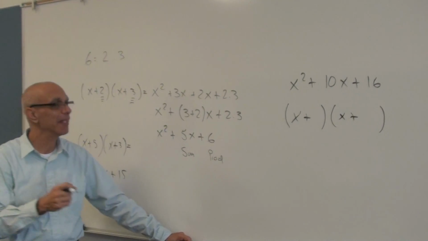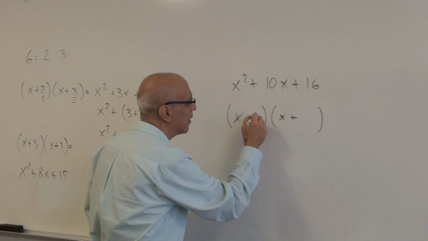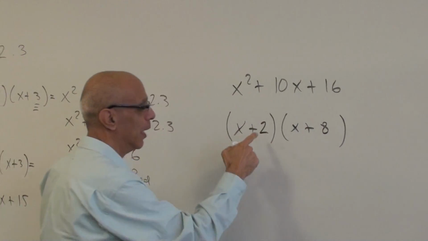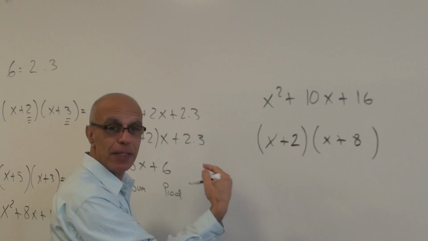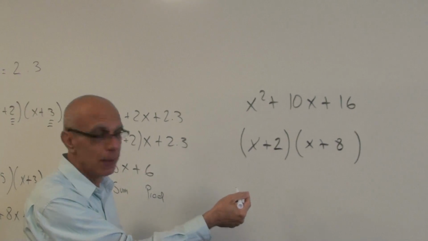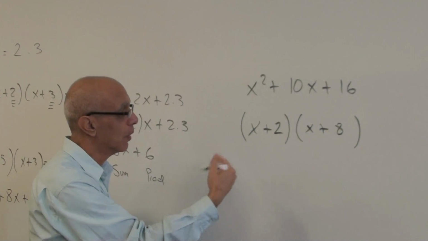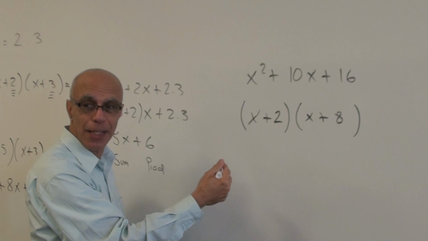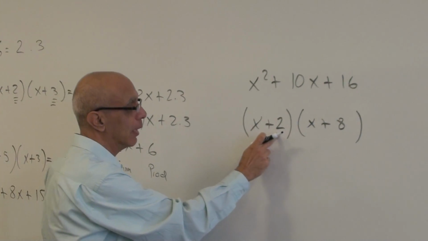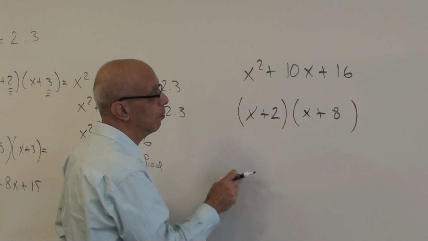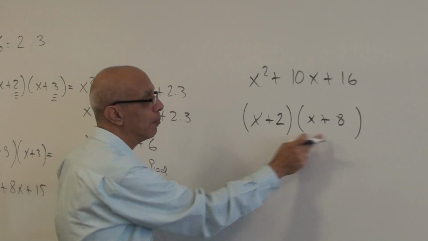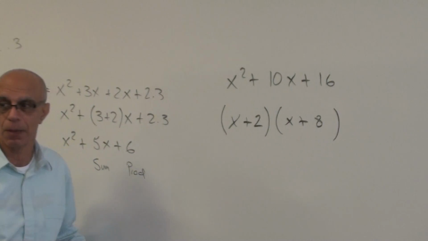Okay, 8 and 2, good. 8 and 2, excellent. Yeah, let's test, okay? Every time we guess something, we need to test, right? This is called guessing and testing, right? So the guess is that 2 and 8, the sum is going to be 10, that's good. And the product is 16, perfect, okay?